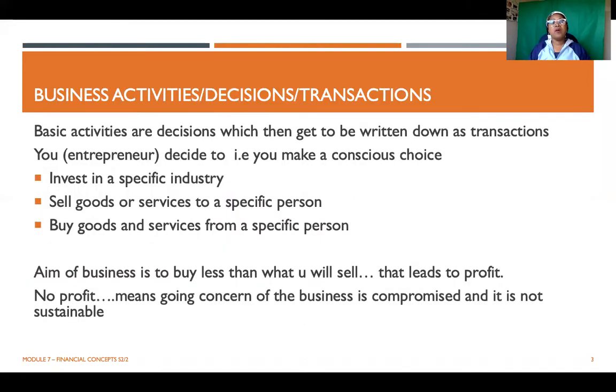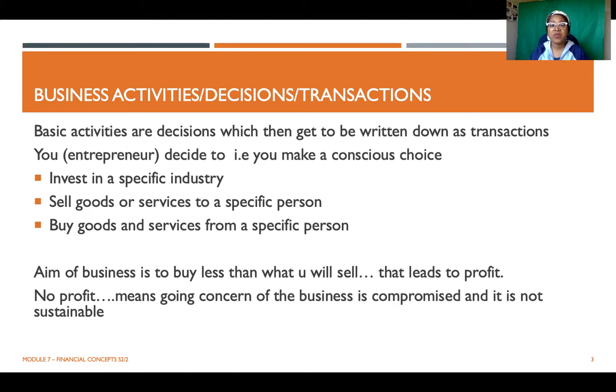Okay, so business activities are basically decisions that we make as entrepreneurs, and those then come to be transactions. They get written down as transactions. And some of us as entrepreneurs were not good at writing down the business transactions. But we make a conscious decision and decide which industry we want to invest in.